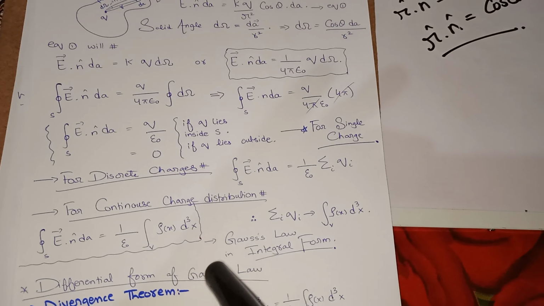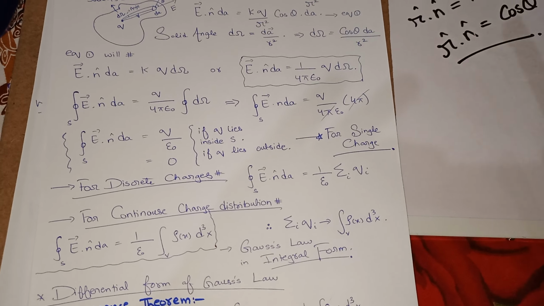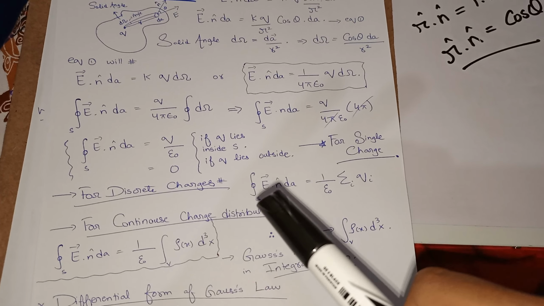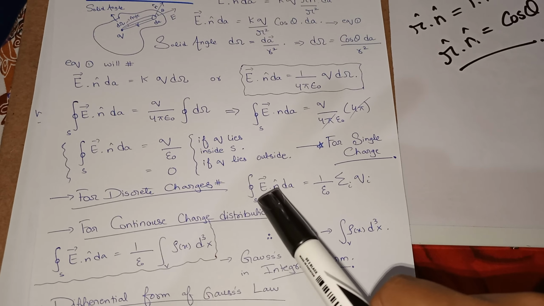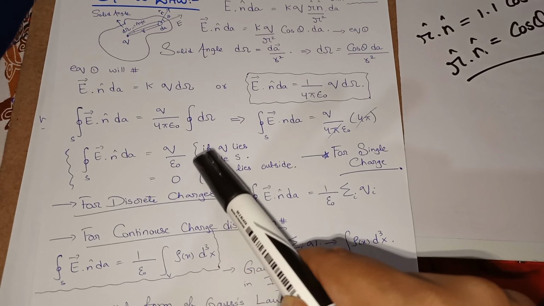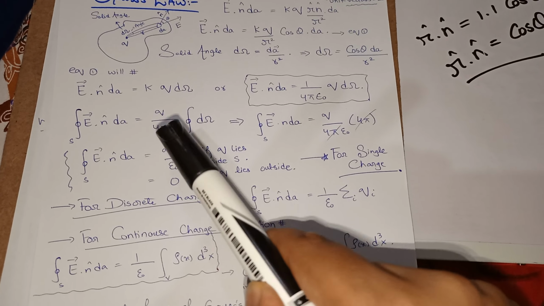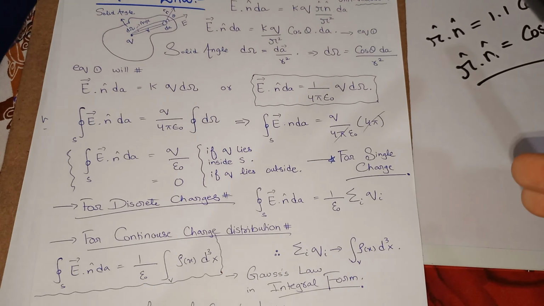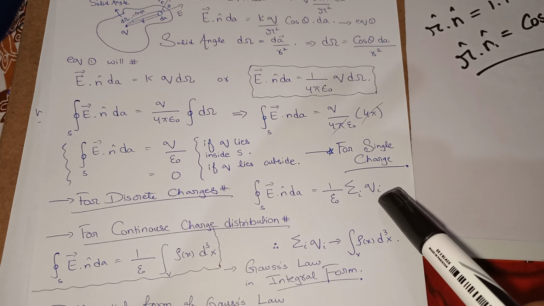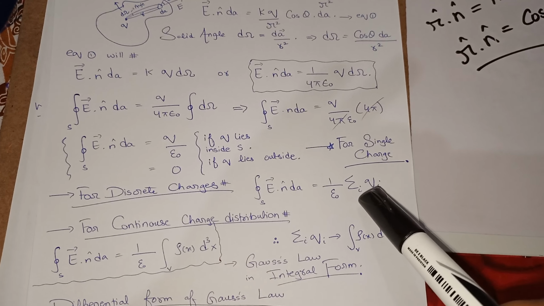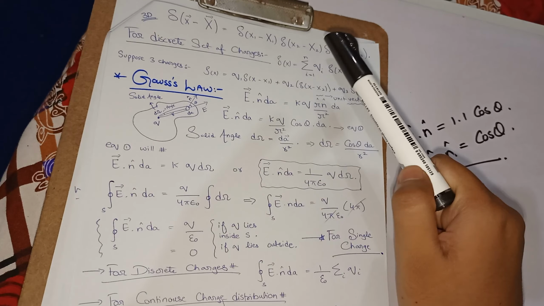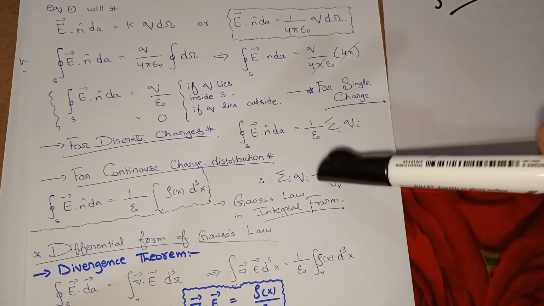You have to take the surface integral of your electric field per unit area over all the surface of that sphere. It becomes 1 by epsilon naught times the summation of the charges qi, because there are now n number of charges. You don't take the integral, you use the summation sign, because in the case of discreteness, you always use summation.